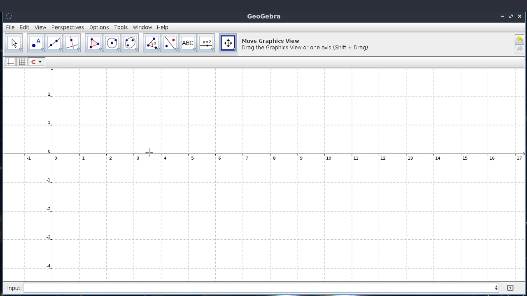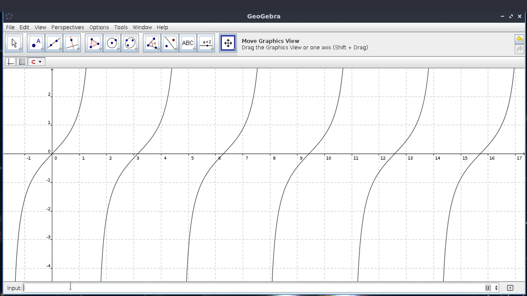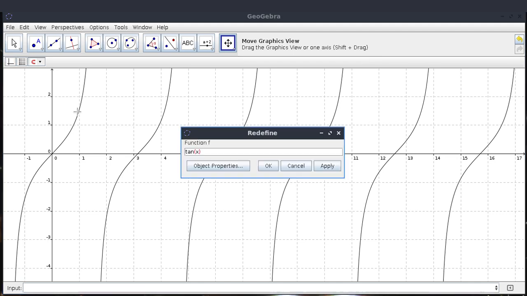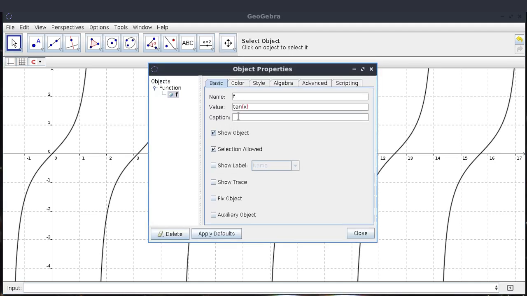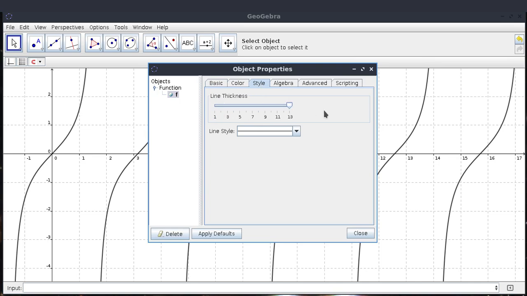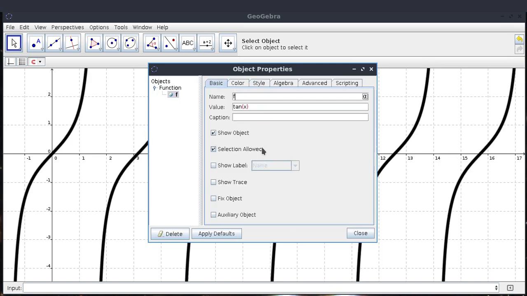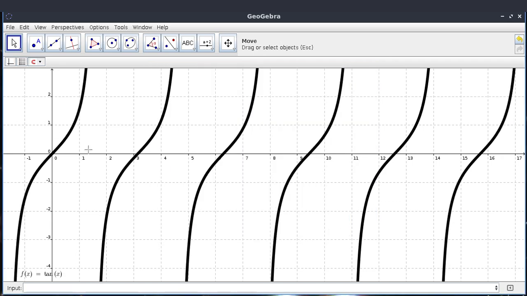Well, let us see the graph of tan x. There you go. That's the graph of the tangent of x. Let me make it thicker. So the graph of tangent x. Right out here would be 2 pi, the same as 360 degrees.